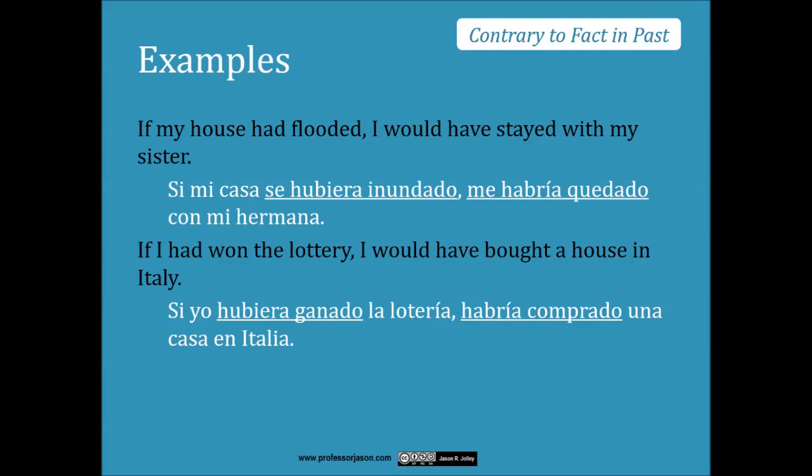Okay, and finally, moving on to the fourth category of if-then statements or if clauses, what I'm calling contrary to fact in the past. These kinds of if-then statements are a bit more complex. They refer to consequences that would have happened in the past if certain conditions had been met in the past. So the time frame being referenced is the past, but we're talking about conditions that were never met and consequences that never actually materialized.